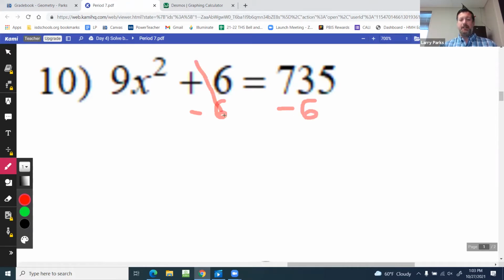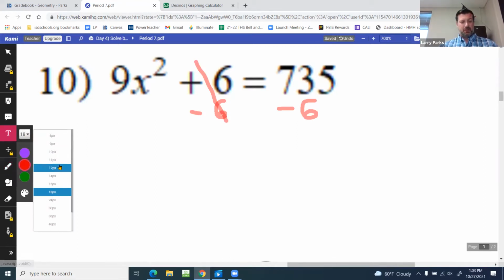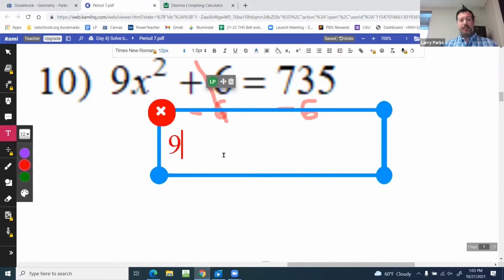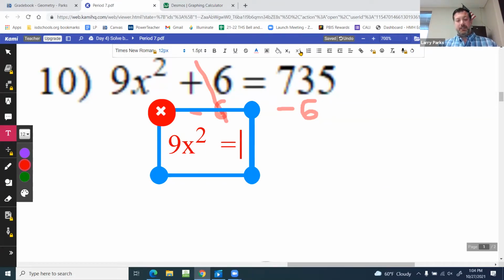Bye-bye. And then I get 9x squared equals, and 735 minus 6 is 729.